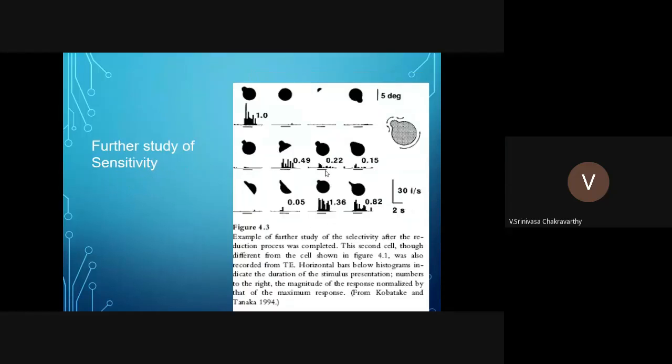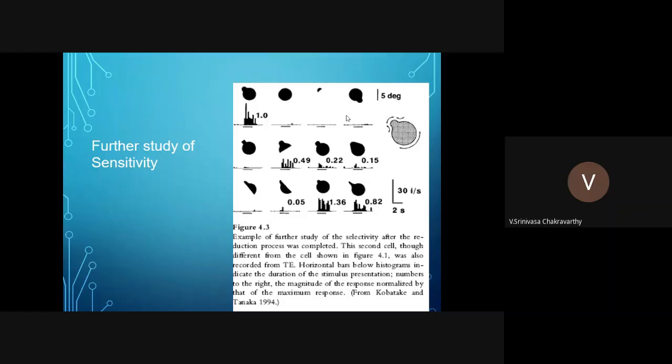Now, similarly, they've done it for lots of different objects. So, for example, look at the top left figure. When you present a circle with a small kind of a blip on top, it showed a response of 1. If you showed only the circle, the response almost disappeared. If you showed only the blip, it disappeared. If you showed the same pattern but flipped over, a 180 degrees turn, again, there is hardly any response.